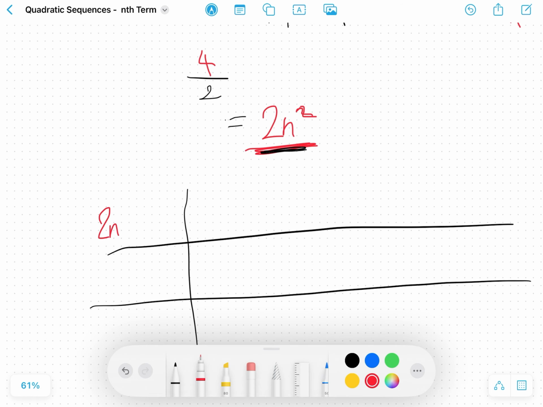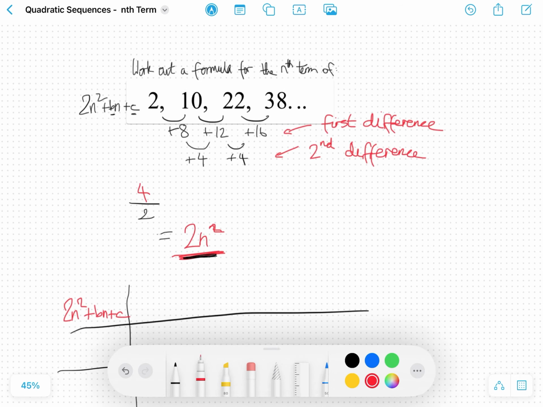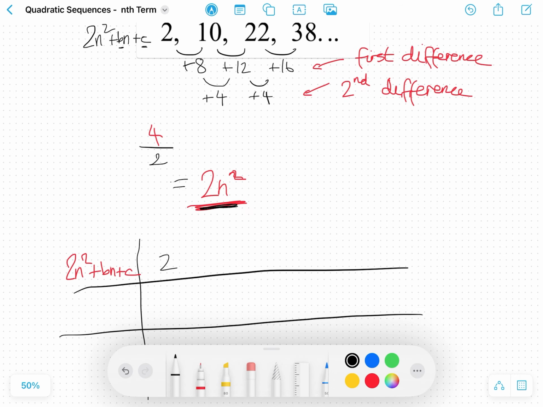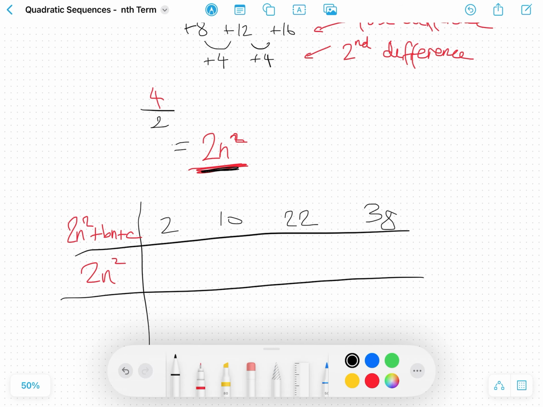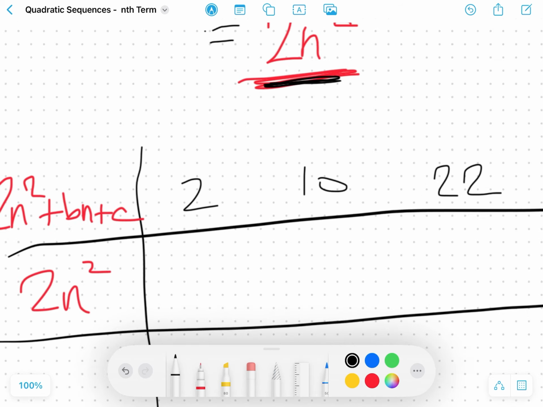Firstly we have our 2n squared plus bn plus c, which is just the original sequence. So that's 2, 10, 22, and 38. And then we have 2n squared, so now we need to complete the table for the first 4 terms of 2n squared.